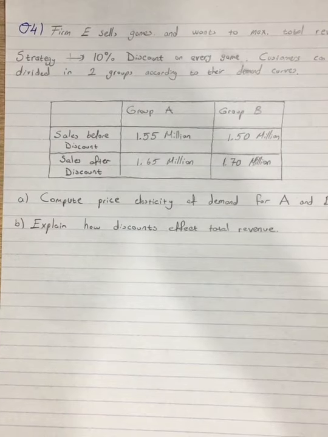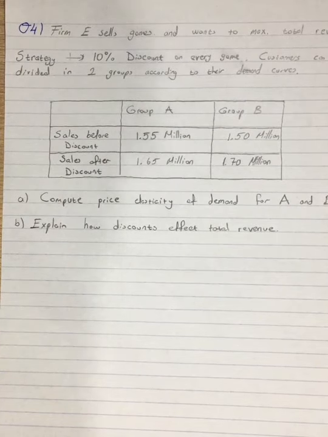In question 4, it says that firm E sells games and wants to maximize total revenue. A strategy is to make a 10% discount on every game so that the customers can be divided in two groups according to their demand curves and reaction to the discounts.